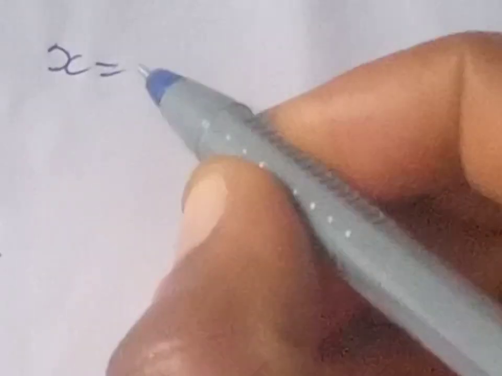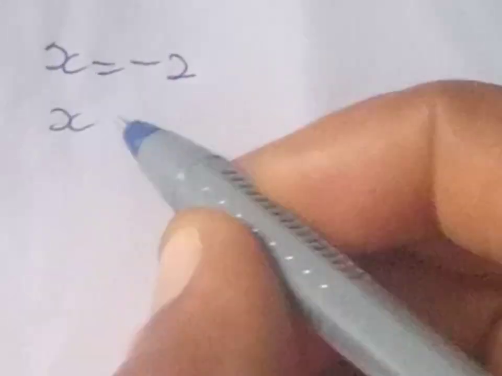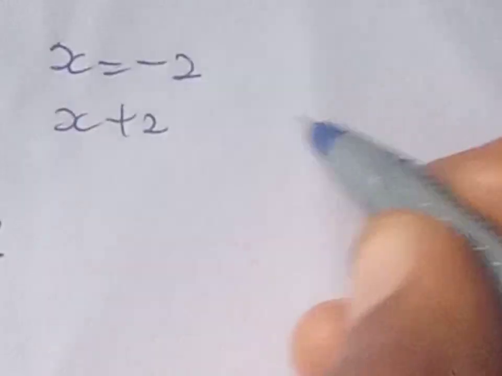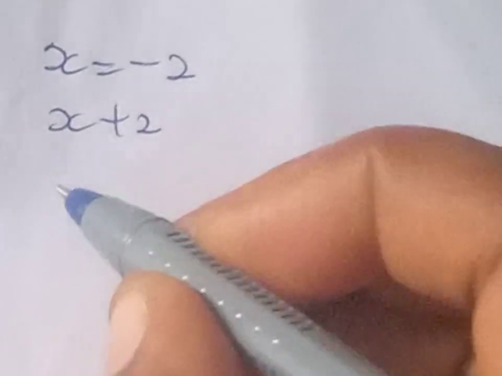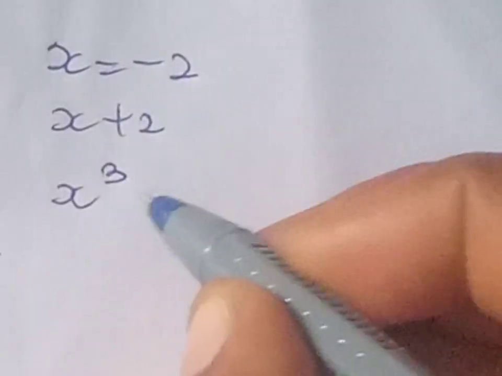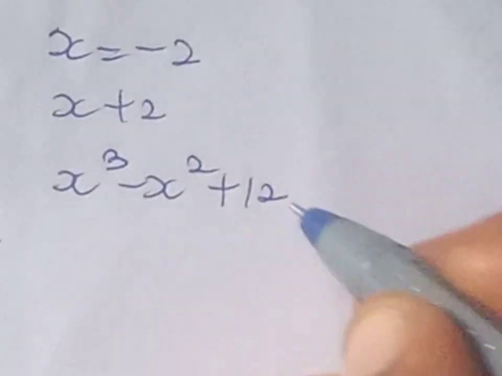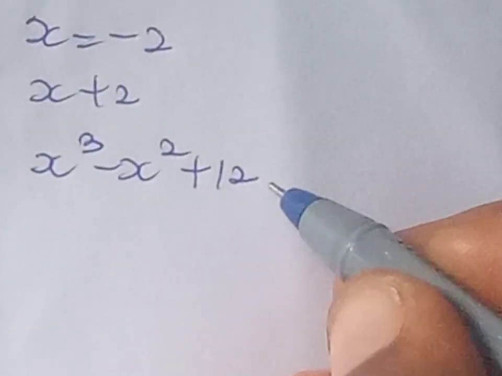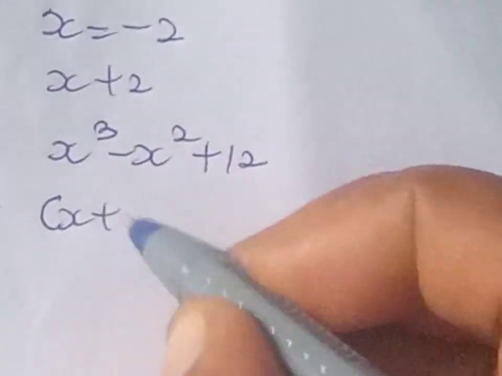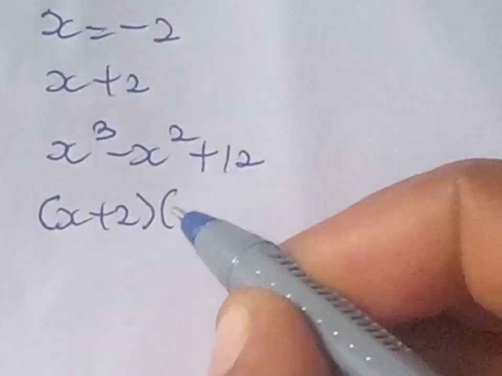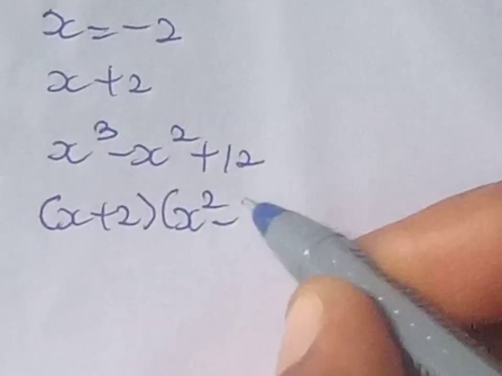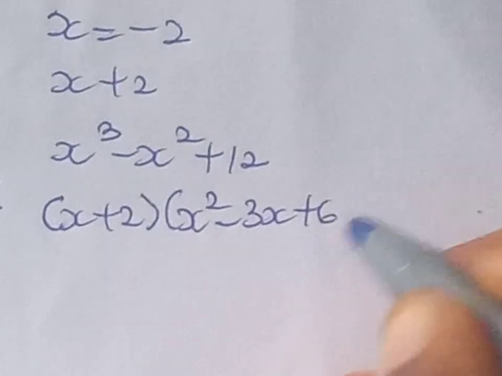Now let's factor the cubic. Since x equals minus 2 is a solution, then x plus 2 must be a factor. Now let's factor x cubed minus x squared plus 12, which will give us x plus 2 multiplied by x squared minus 3x plus 6.